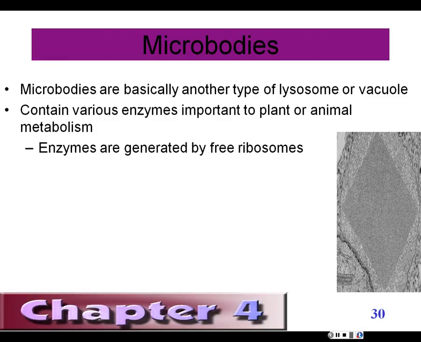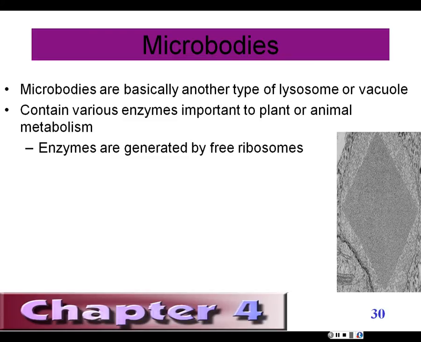Okay, so we said generated by free ribosomes. When you go to lab, I think it's the following week, you will be harvesting some microbodies, okay?